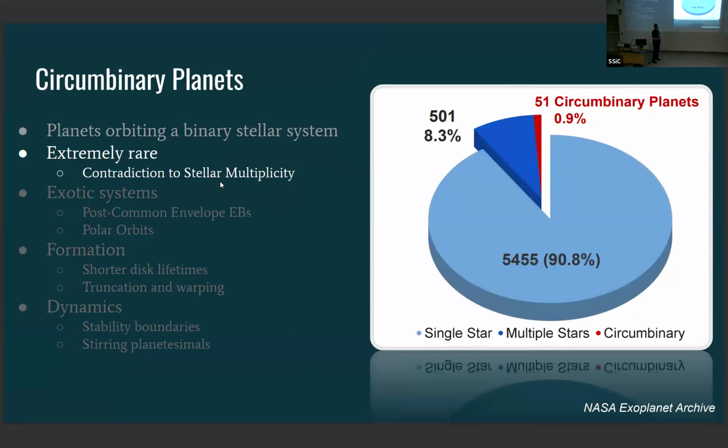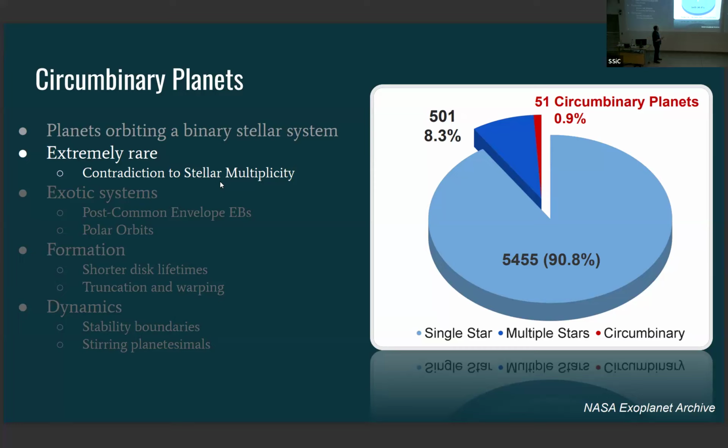The total population has almost exceeded 6,000 exoplanets right now, and less than 1% of them are in fact circumbinary planets. Around 8% are planets around a star that belongs to a multiple stellar system. So the majority of the planets that we currently know of are around single star systems.